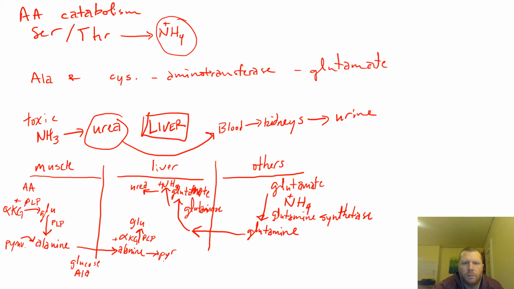That pyruvate we can use for gluconeogenesis and make glucose. Therefore we have our second molecule for our glucose alanine cycle.